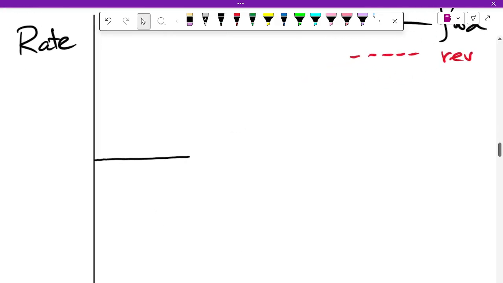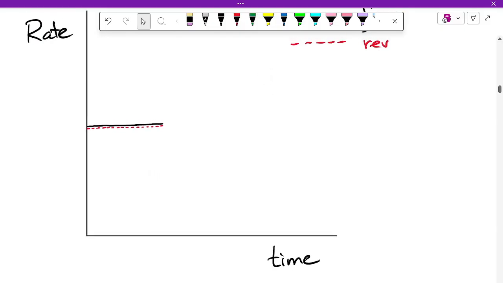And remember, should there be a big gap between them, or should they basically touch? They should basically touch. Now, at this time right here, we increase the temperature.